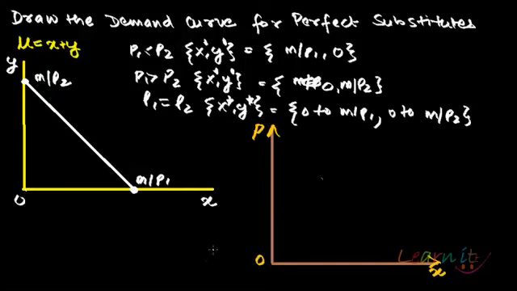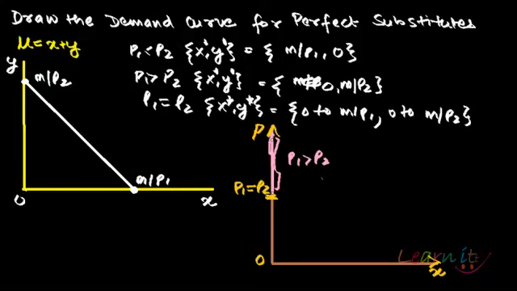So this is the point where P1 is equal to P2, and this point is where P1 is greater than P2. When P1 is greater than P2, how much of x is bought? 0. So all of this is actually going to be the demand curve.